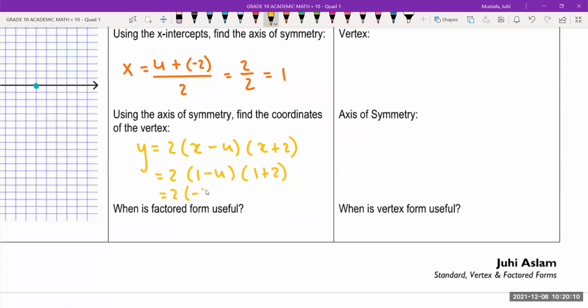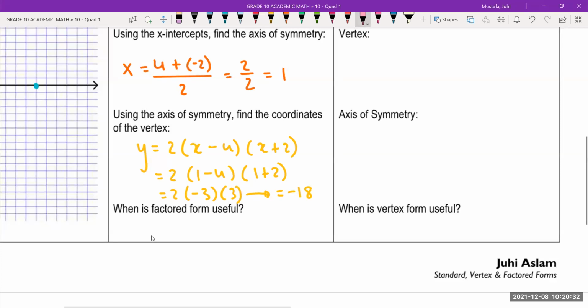This is going to be -3, and this is going to be 3. And I guess I'm just going to go over here to finish it. -3 times 3 is -9. -9 times 2 is -18. So therefore, our vertex is going to be at (1, -18).